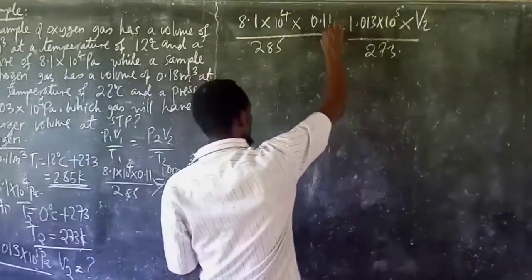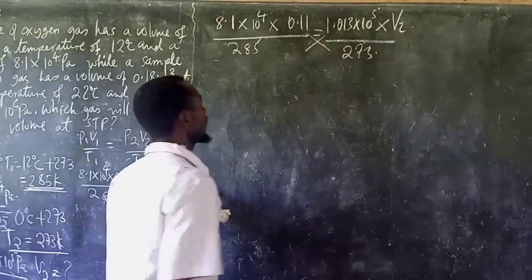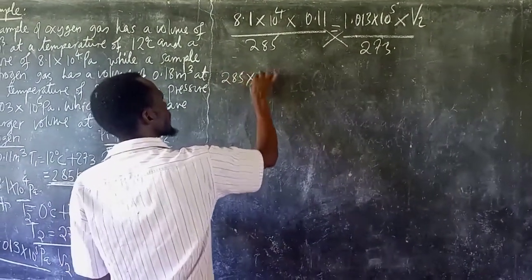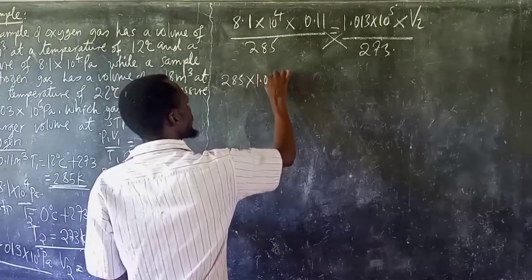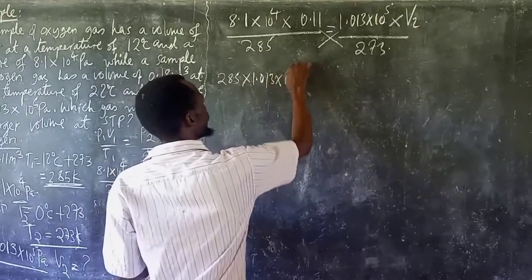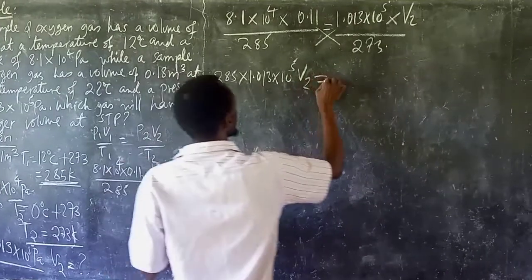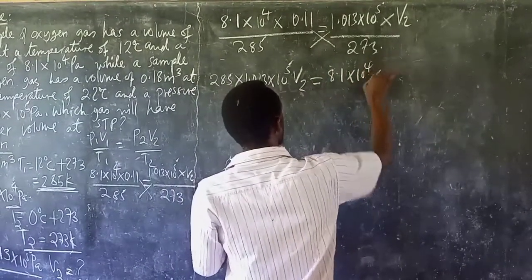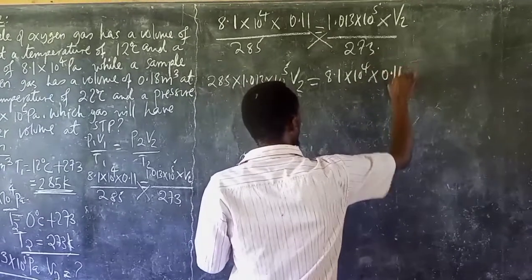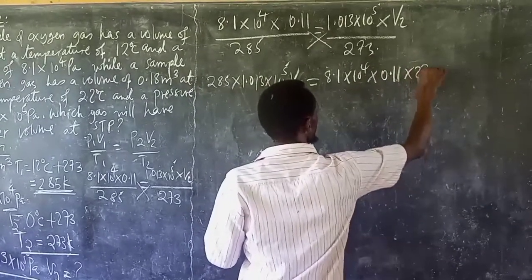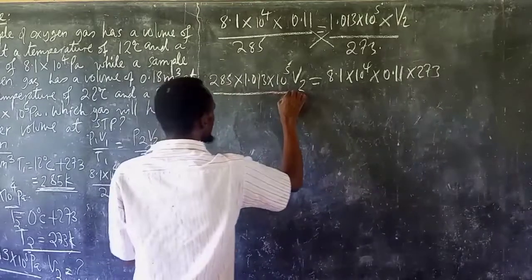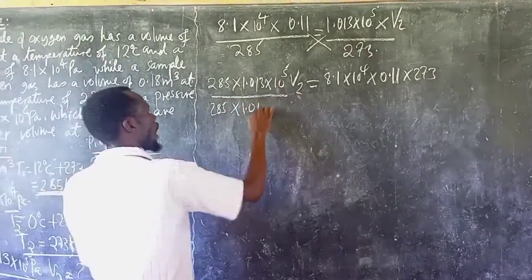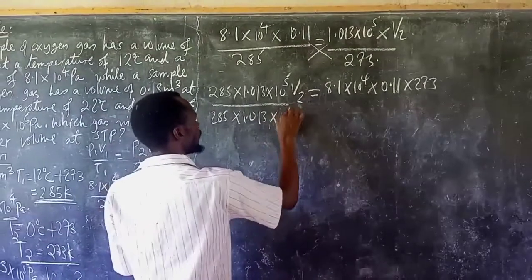Therefore, cross multiplying, we have 285 times 1.013 times 10 power 5 times V2 is equal to 8.1 times 10 raised to power 4 times 0.11 times 273. Therefore, you divide by 285 times 1.013 times 10 raised to power 5.